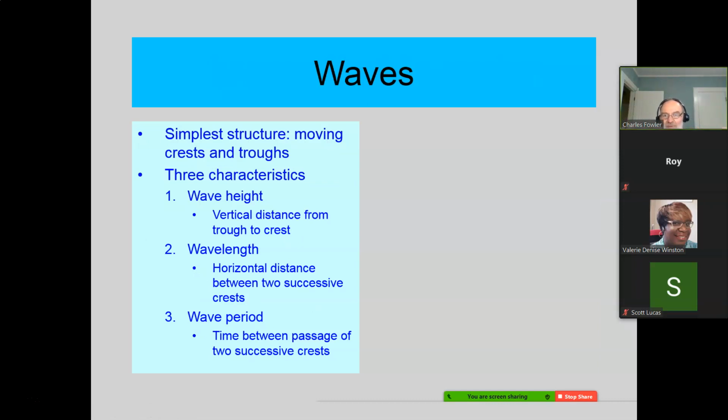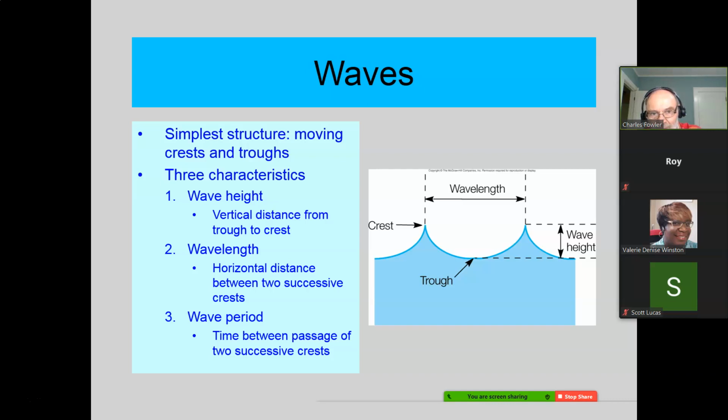Waves are the simplest structures. They're moving crests and troughs. Crest and trough. Okay? The crests are the high parts, the troughs are the low parts. There are three characteristics of these waves, and we'll be using some of these in later things we're talking about. Let's get the visual up there as well.